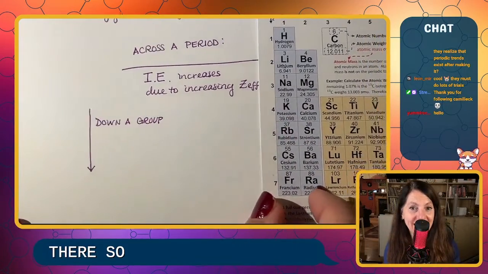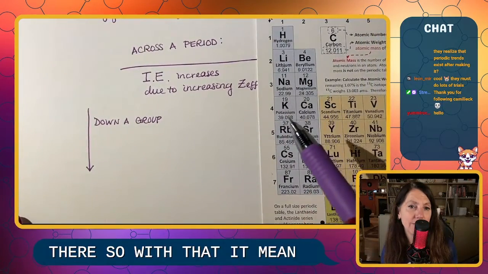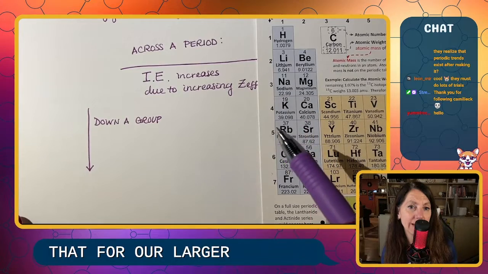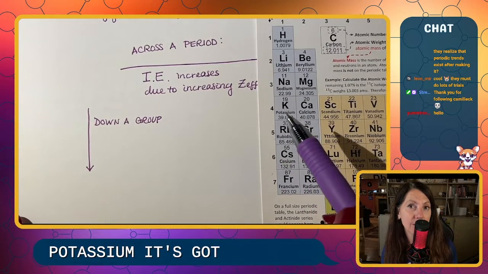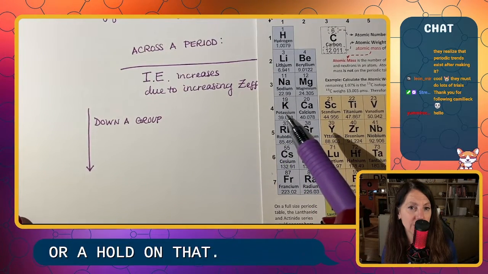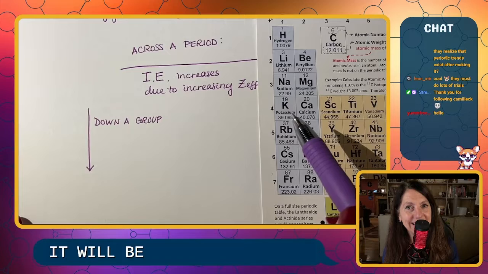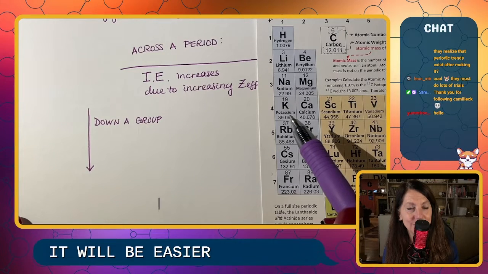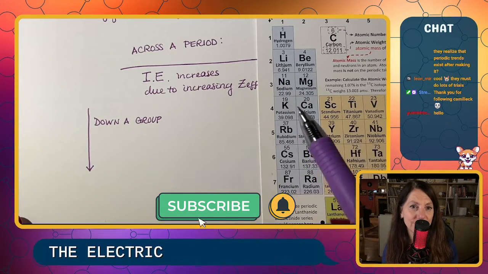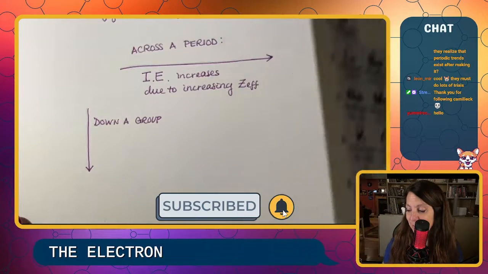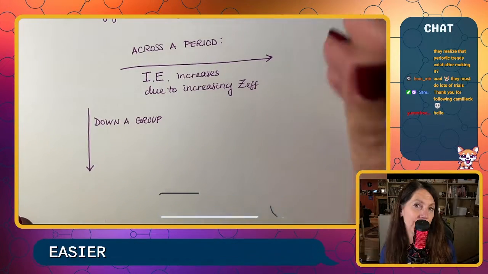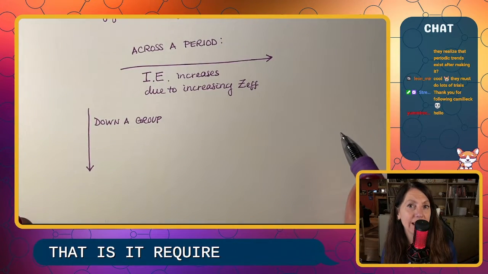So with that, it means that for our larger potassium, it's got a weaker hold on that outermost electron. That electron's further away. So it will be easier to remove that electron. If we say it's easier, another word for that is it requires less energy.